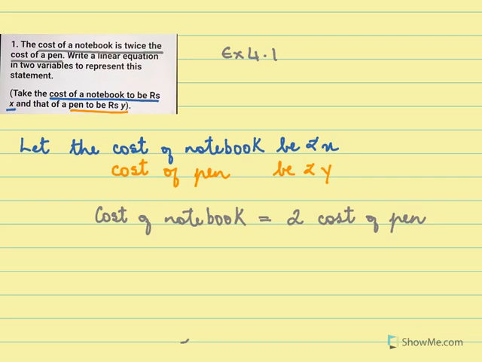Now cost of notebook we know is X, here we have taken it as X, is equal to twice cost of pen, and we took the pen as Y. So the equation becomes X equal to 2Y. And we want to write it in the equation X minus 2Y equals 0.